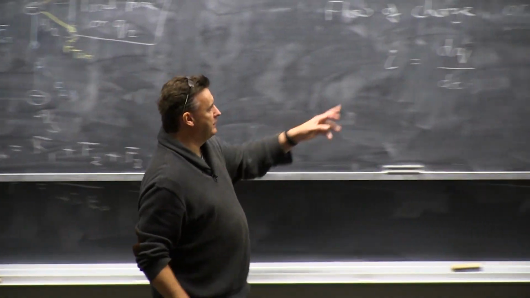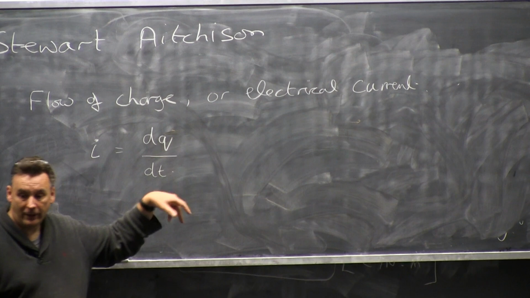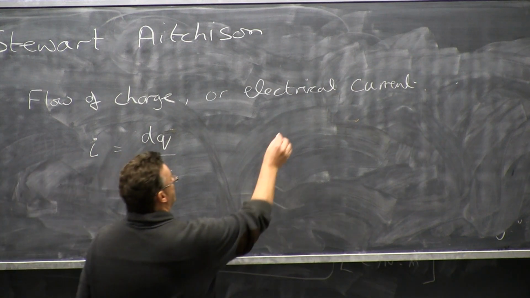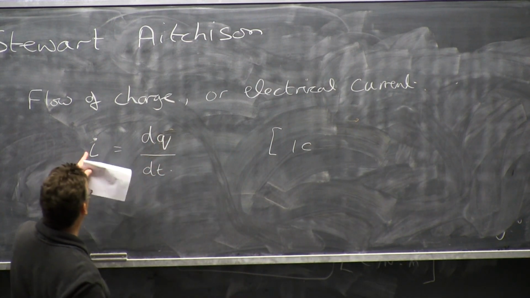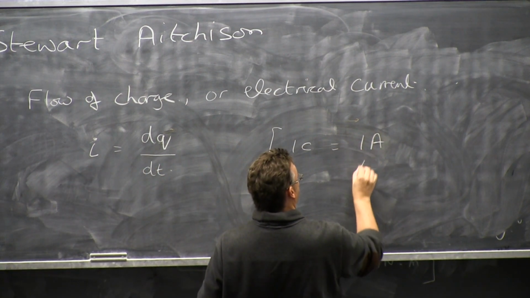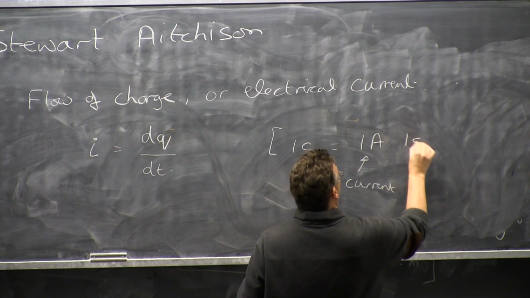So this basically says count the number of electrons in a known length of time, divide the two numbers together, I get the current. So we can say the units of this, 1 coulomb, which is this, dq, is just equal to 1 amp, and this is current, 1 second.